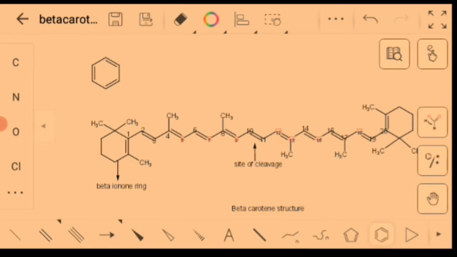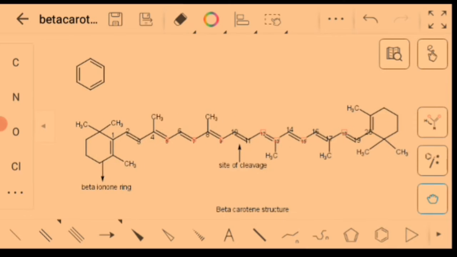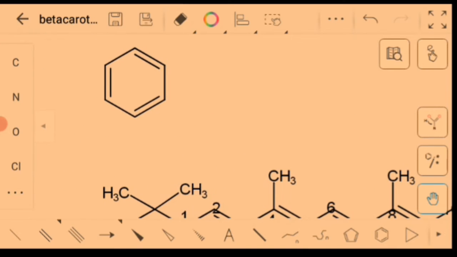Then you have to make sure your ring does not contain the qualities of a benzene, which includes the 3 double bonds. Because as you can see, this beta ionone ring has just 1 double bond, and that is here by the side.